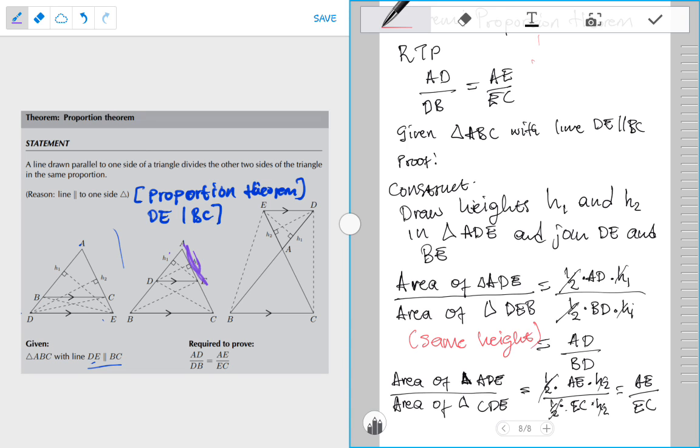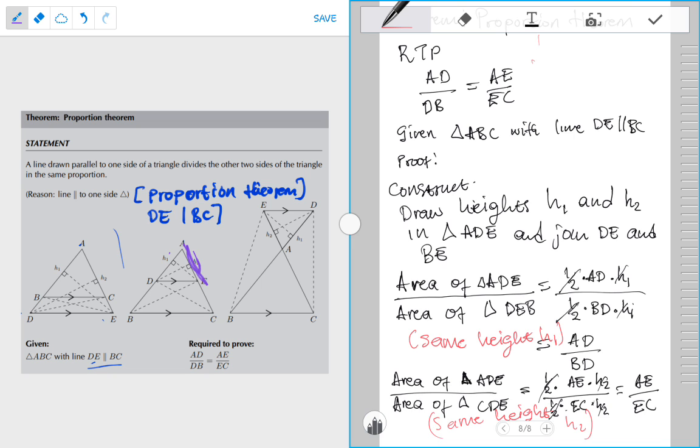You can check, we did this in proportionality in the last video, where we spoke of triangles with the same height. The same height is H1 here, and this one also has the same height, which is H2. Both have the same height, and that's why they are cancelling each other. Let's turn to the next page.